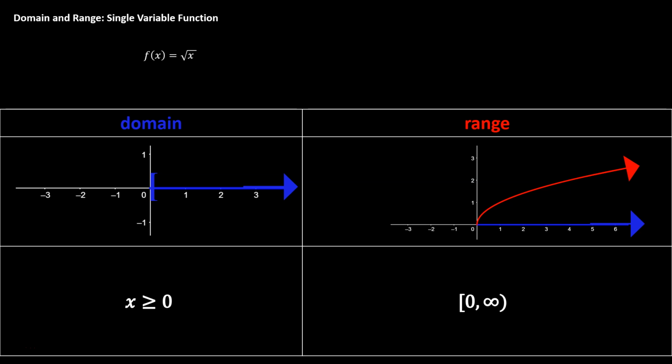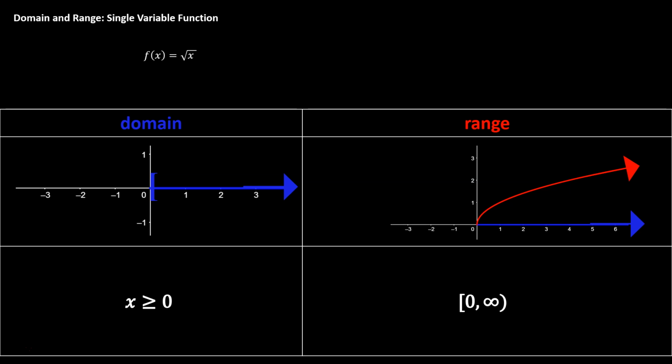So for this function, f of x, we can see the domain listed as an inequality: x greater than or equal to 0, and the range is listed as an interval, showing that we can expect all values of y between and including 0 up to infinity.